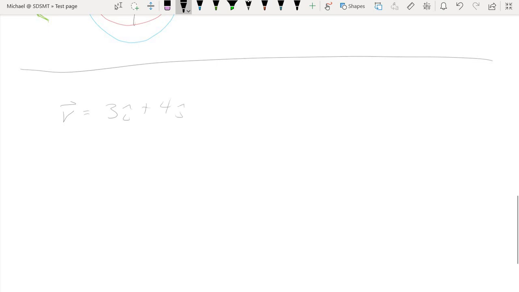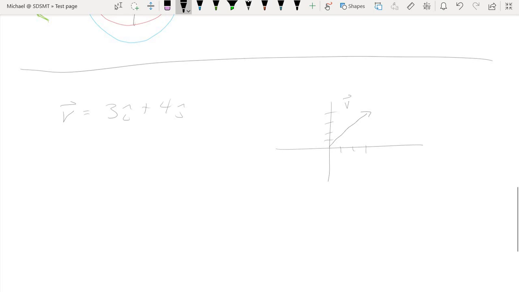So this is everybody's favorite, the 3, 4, 5 triangle. Vector V will have a magnitude of 5. And we can draw this if we want. In fact, we will. 1, 2, 3. 1, 2, 3, 4. So there's vector V.